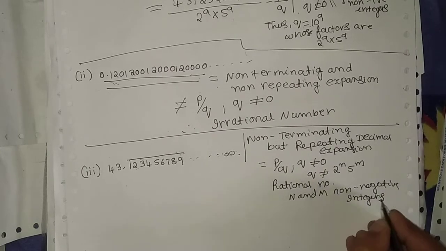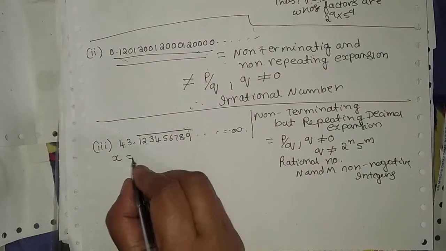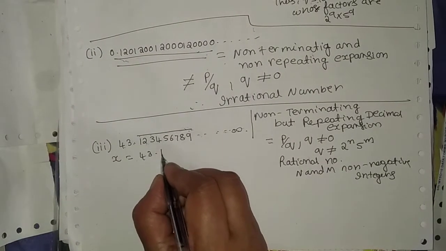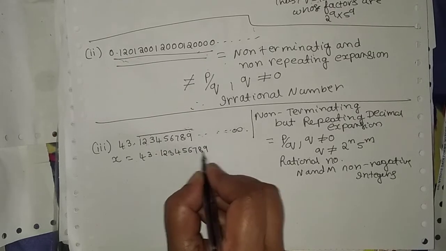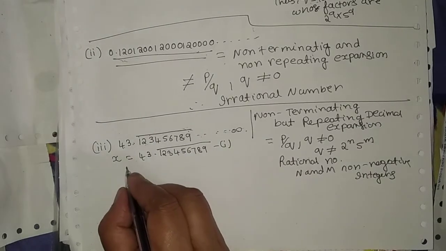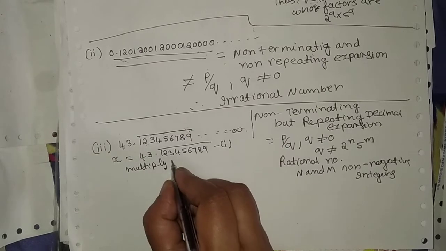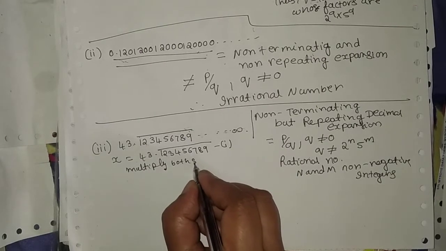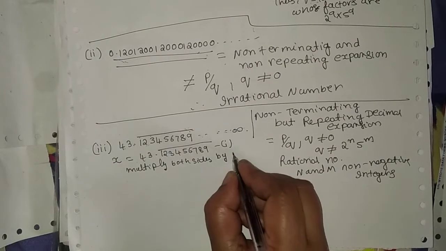Here we can also solve this by taking x as this number, 4.3 1 2 3 4 5, the number given here, as equation 1. Multiply both sides by 10 power 9.